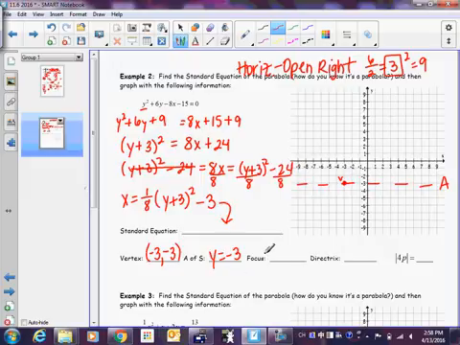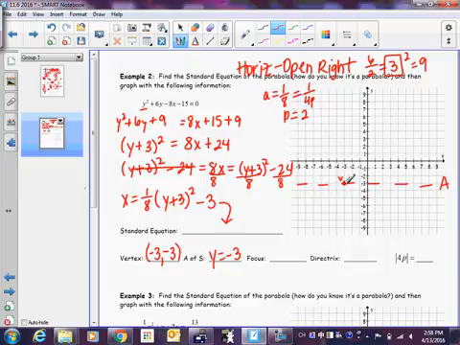Okay, focus. In order to find the focus, we need to figure out what p equals. Okay, I'm going to do this up here. If a equals 1/8, and that same thing is supposed to equal 1/4p, cross multiply, or really you can kind of look at this and tell, what does p equal? 2. P equals 1, 2, it's pretty common.